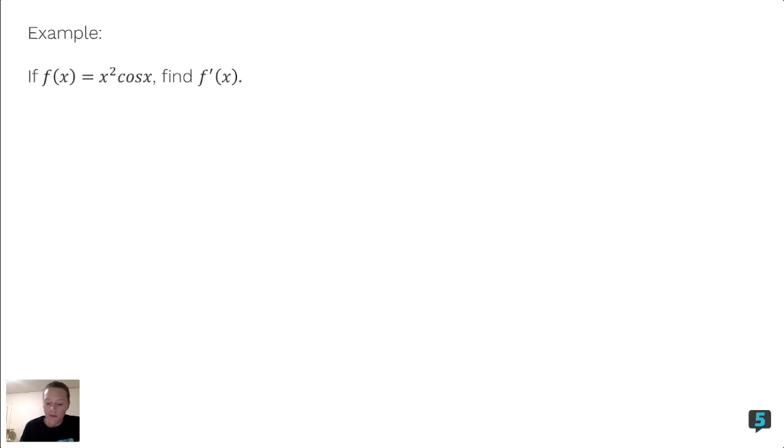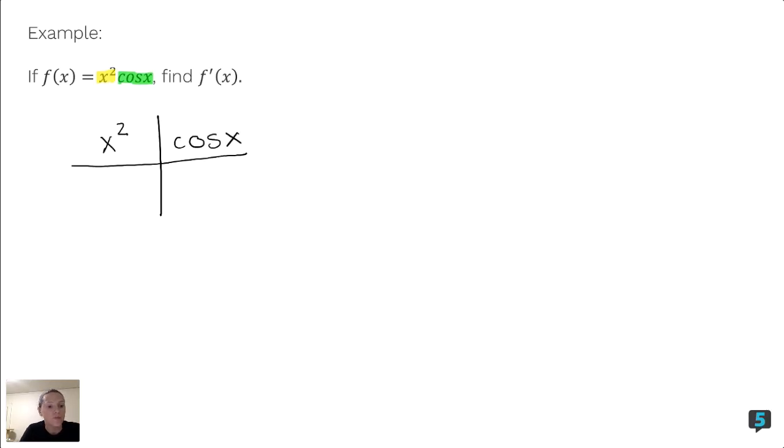I have x squared being multiplied by cosine x. So when I go to set this up for myself, in my upper left-hand box, I'm going to write x squared. And in my upper right-hand box, I'm going to write cosine x.